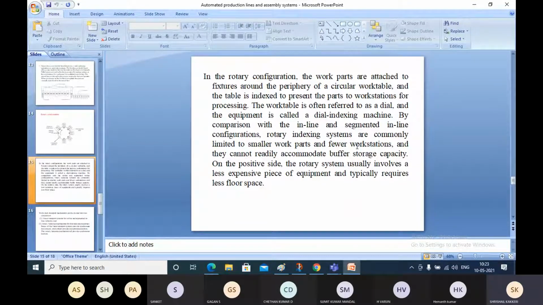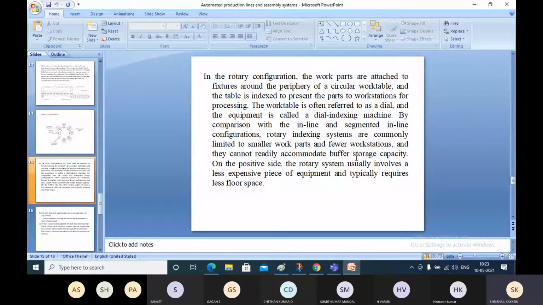The indexing table will need to be very large in shape. A larger diameter is required because it must arrange the workstations around the periphery of the table. So it is limited to fewer workstations with smaller work parts to be transferred or processed, and the dial cannot accommodate buffer storage capacity.